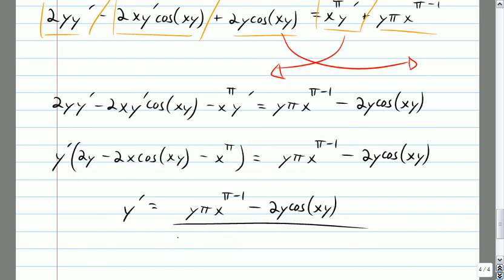I'll just write it, I guess. 2y minus 2x cosine xy, xy minus x to the pi. And that, my friends, is the answer.